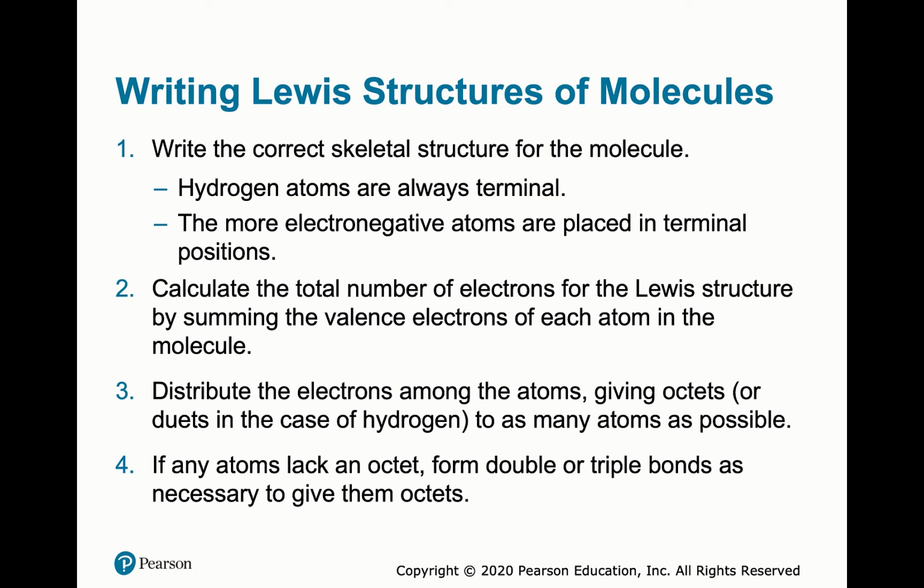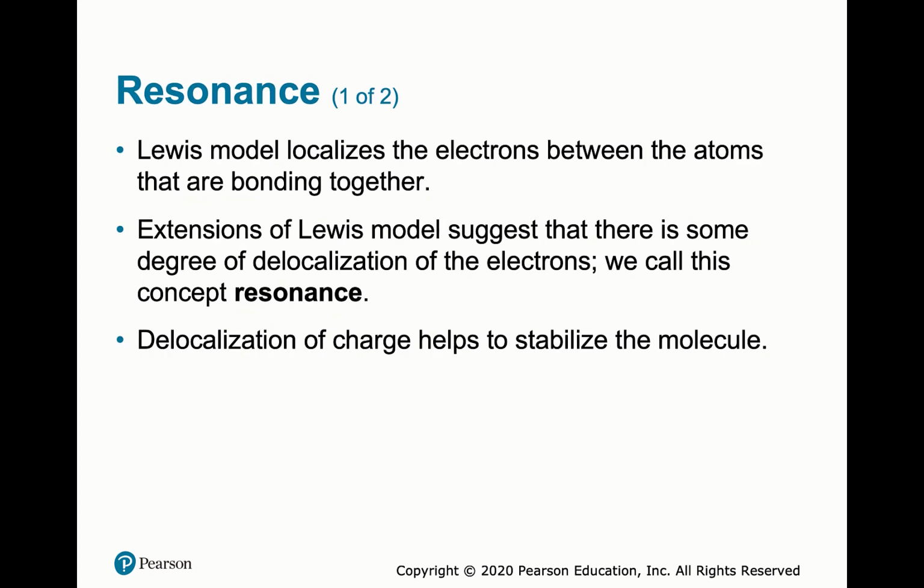Then distribute these electrons along the atoms, giving octets or duets to as many atoms as possible. If you don't have enough electrons, add double or triple bonds as necessary to give them octets. The last step, which we'll talk about later, is to minimize the formal charge.